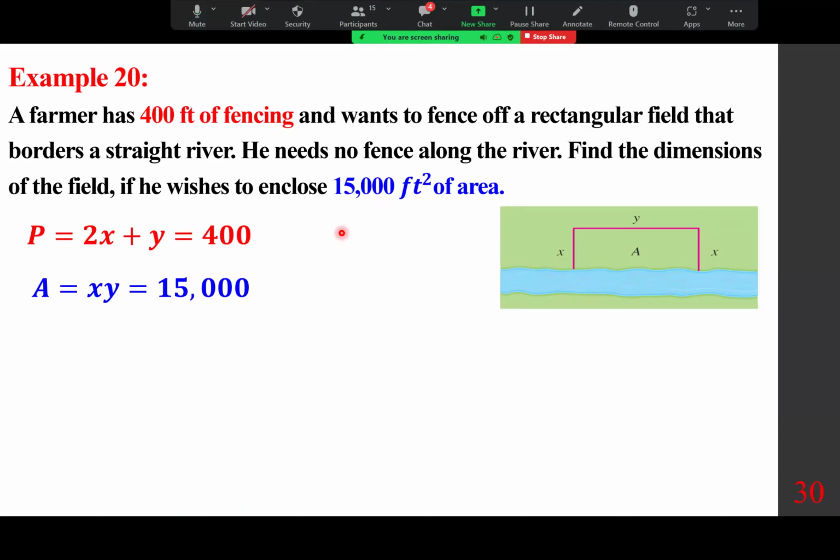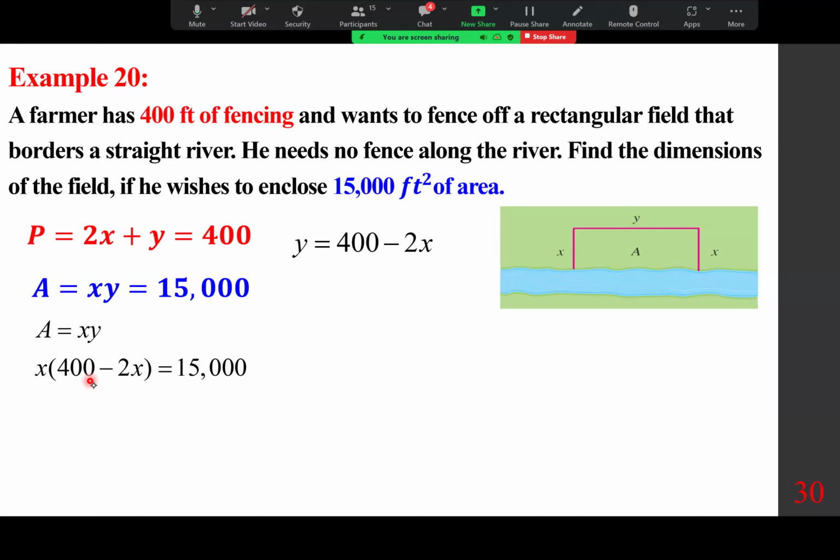In this equation, we solve for y, which becomes 400 minus 2x. And we replace it here in order to make this one a function of one variable. So x times y, x times 400 minus 2x is 15,000.